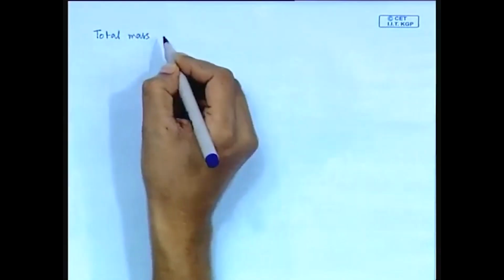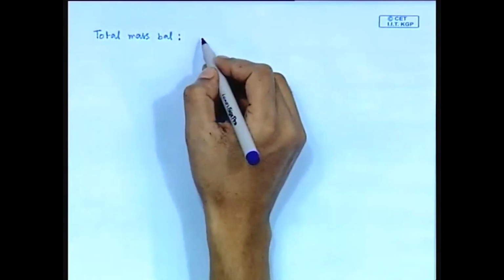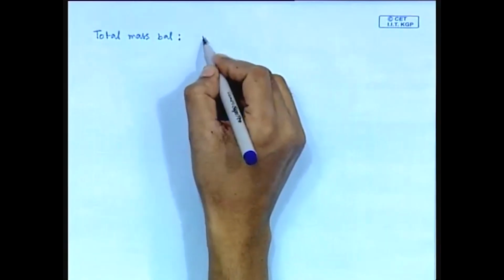Now, what are the variables involved in these modeling equations and how can we calculate those variables? In the modeling equations, we got total mass balance. Total mass balance equations are basically ordinary differential equations. By solving those equations, we can calculate hold up.